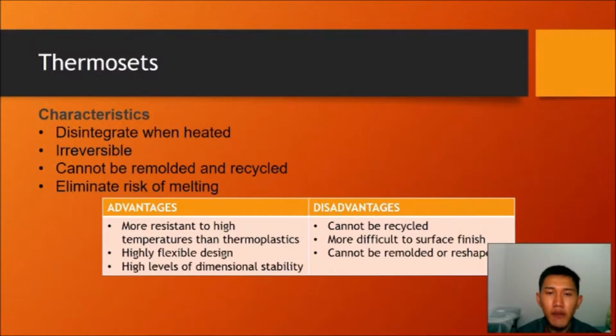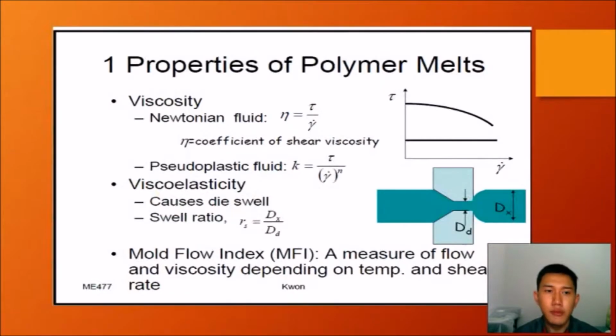It has a highly flexible design and a high level of dimensional stability. The disadvantages are that it cannot be recycled, is more difficult to surface finish, and cannot be remolded or reshaped.